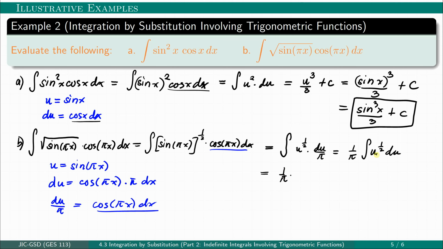So 1 over pi times, to get this integral, we just have to add 1 to the power 1/2, and 1/2 plus 1 is 3/2. So this would be u raised to 3/2 divided by 3 over 2, but the 2 will go up, plus c. Rewriting this, this would be 2 over 3 pi, where the u is sine pi x, and everything is raised to 3/2, plus the constant c.